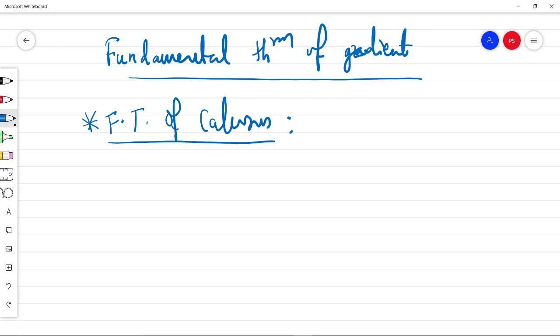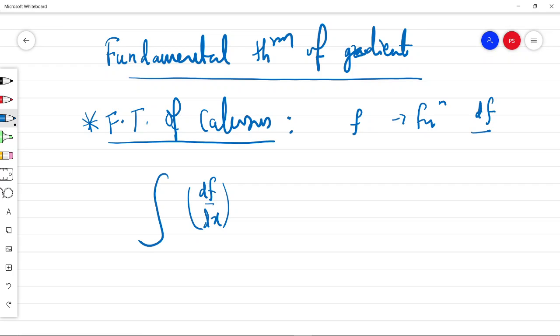Now it says that if we integrate the derivative of a function, suppose f is a function and accordingly df by dx is its derivative.